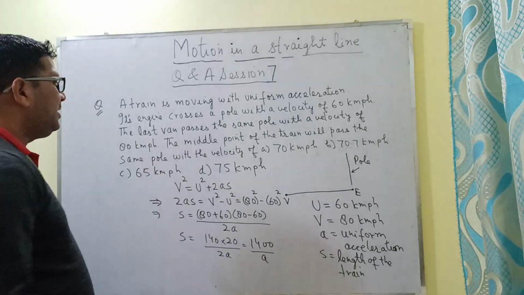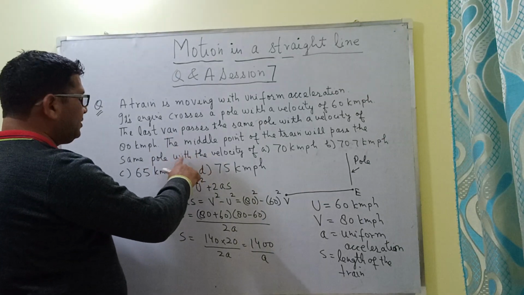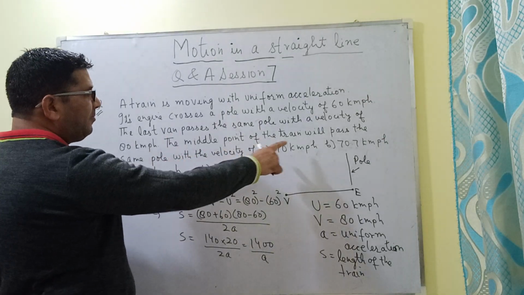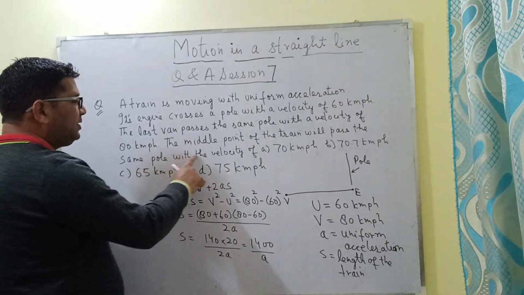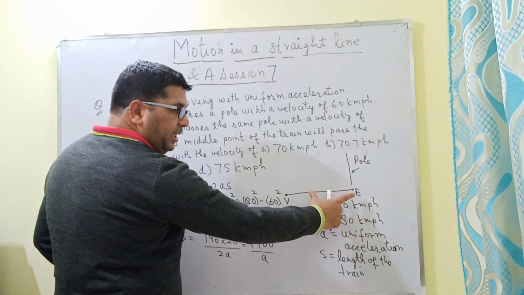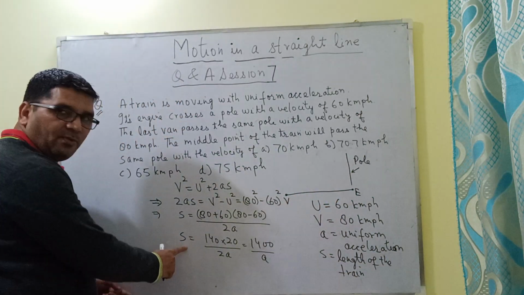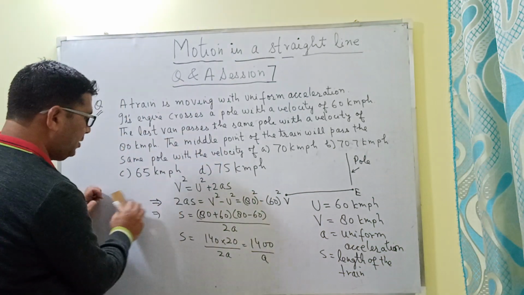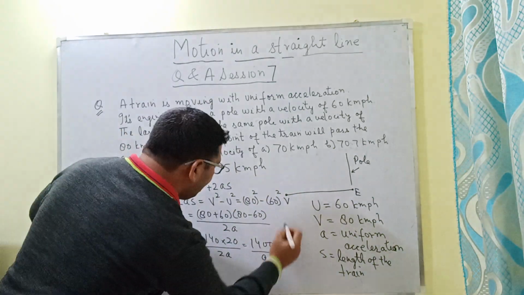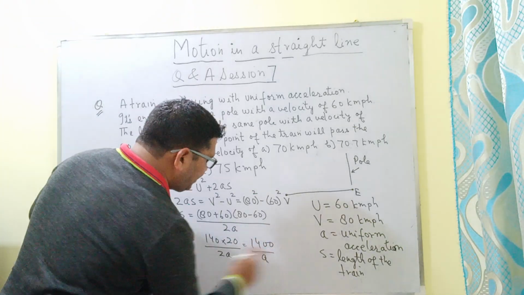Now the question is, the middle point of the train will pass the same pole with the velocity of. So s is the length of the train, and the middle point of the train will be just half of it. So I'm just writing here that s is equal to 1400 divided by a.